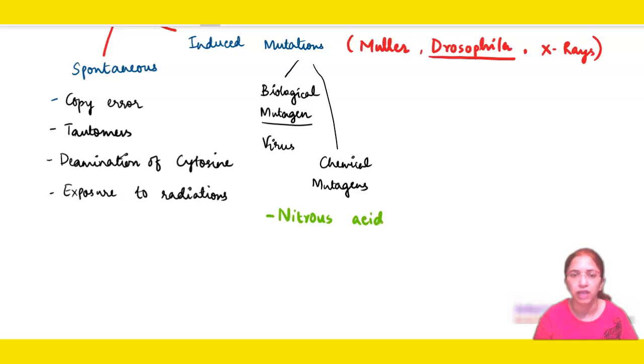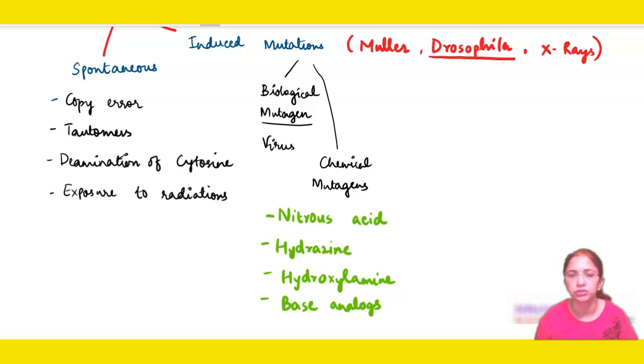If nitrous acid is used, it will disrupt the base pairing rule. Hydrazine is also one of the chemicals. Hydroxylamine is also one of the chemicals, right? Base analogues can also be used to induce mutations, and alkylating agents are very, very important. It's ALKYLATING. Alkylating agents are very, very important.